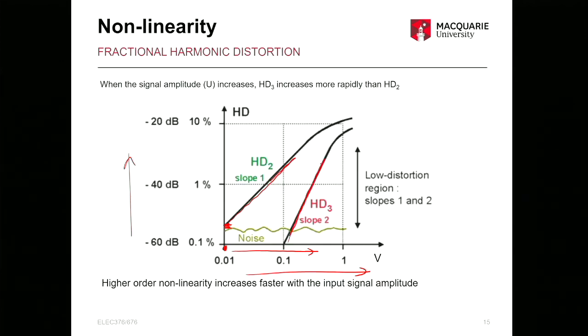So the slope is much higher than SD2, and if it goes like that, it will overtake SD2 at some point. But after the voltage is more than 1, it's more complex than that. So both kind of saturate.